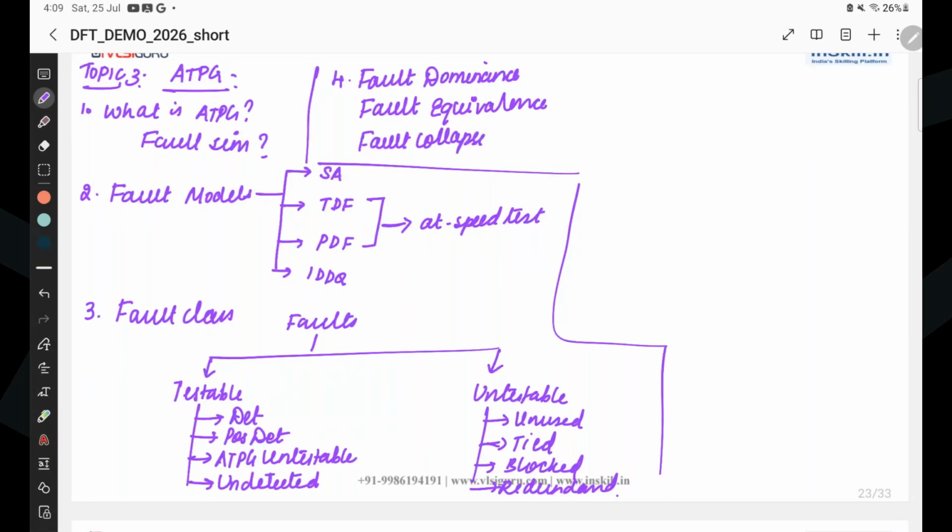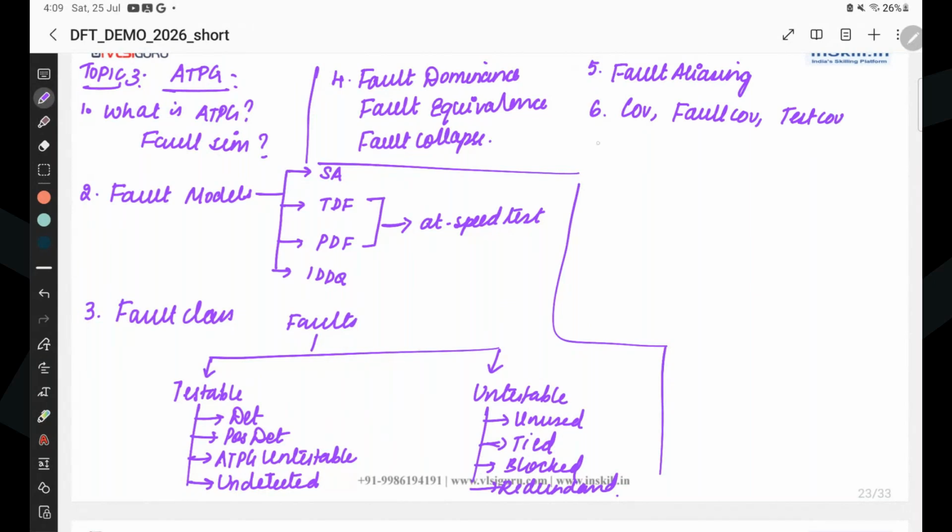And then we will also be understanding fault aliasing. We'll understand what is coverage, what is fault coverage, and what is test coverage. We'll be understanding test point insertions.